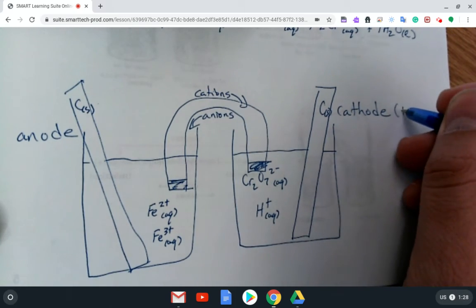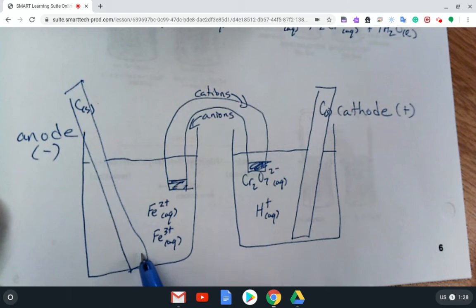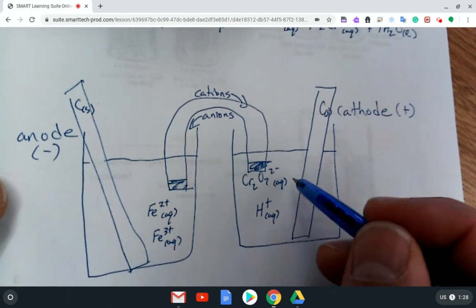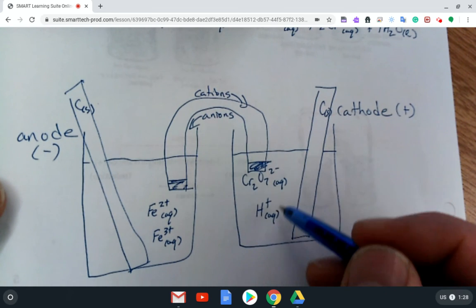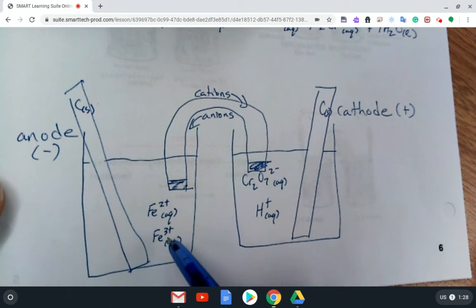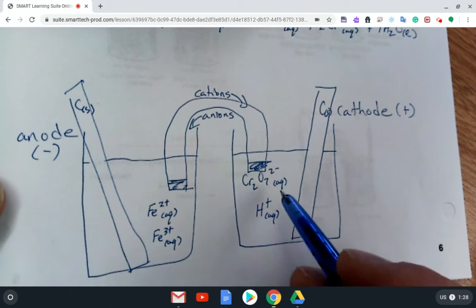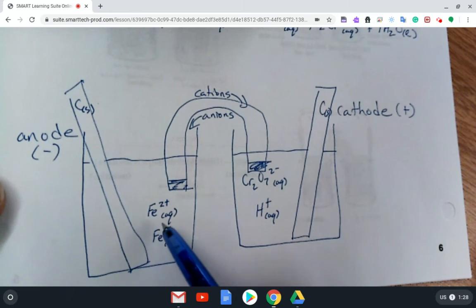Remember, cathode's always positive, anode's always negative. The carbon on this side is our anode. We know this is the cathode because it's where reduction is taking place, where our oxidizing agent is. This is the anode where oxidation is taking place, where our reducing agent is.